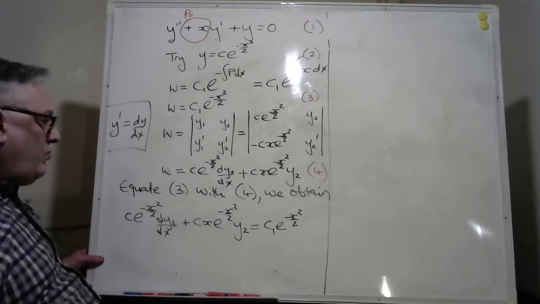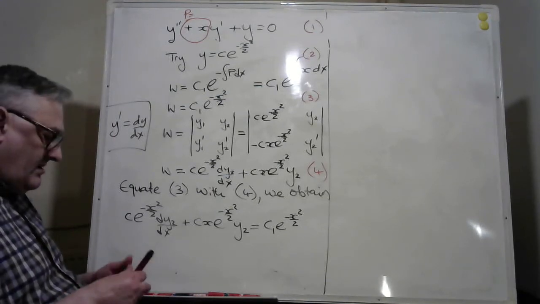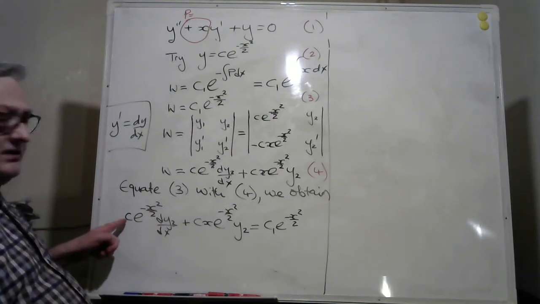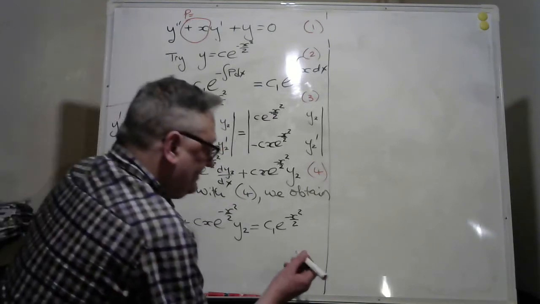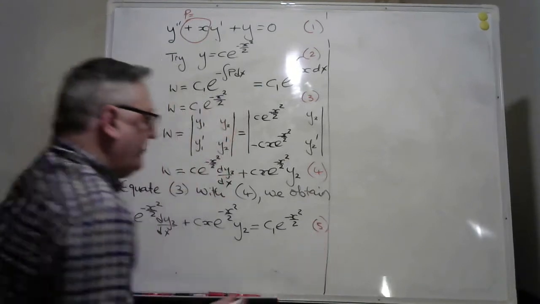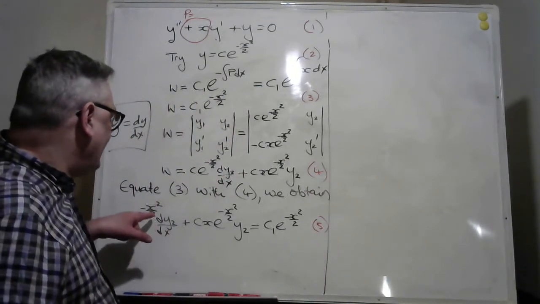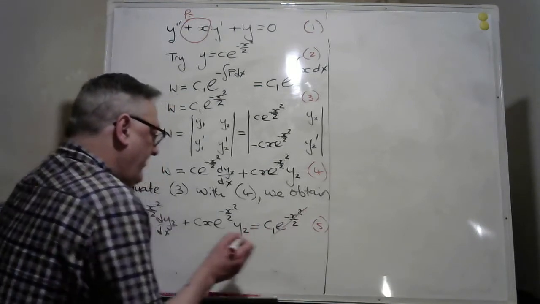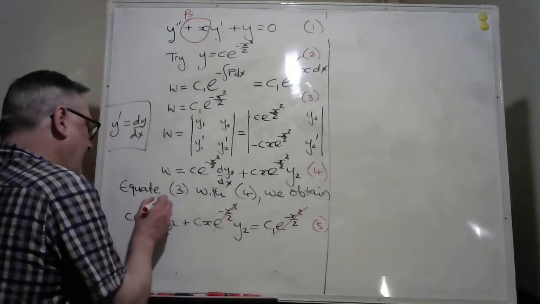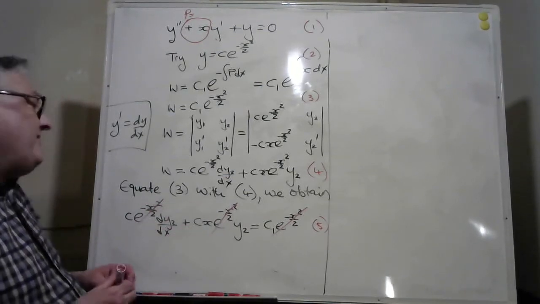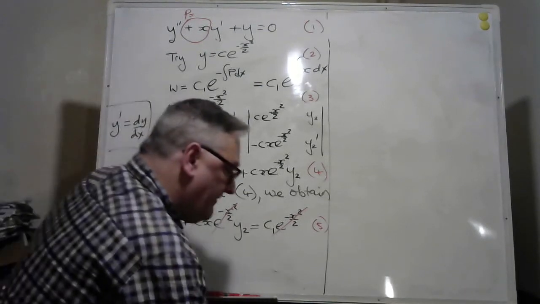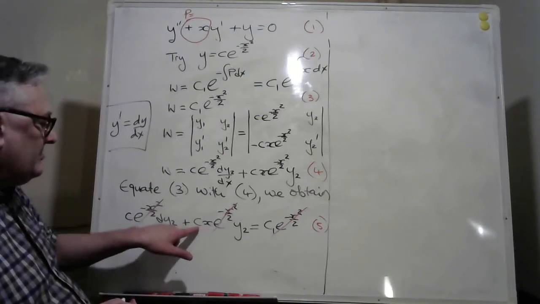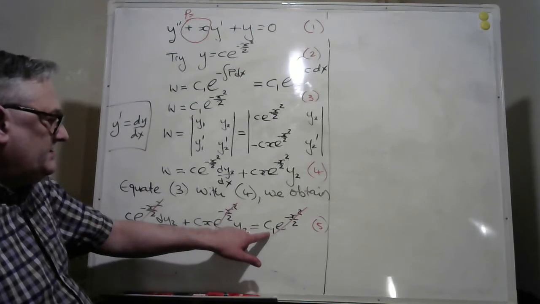So what we're effectively going to do is divide both sides of this equation, which we'll call equation 5, by C e to the minus x squared over 2. Otherwise, you could just say that everything cancels, leaving you with a constant here, constant times x there, and a constant there.